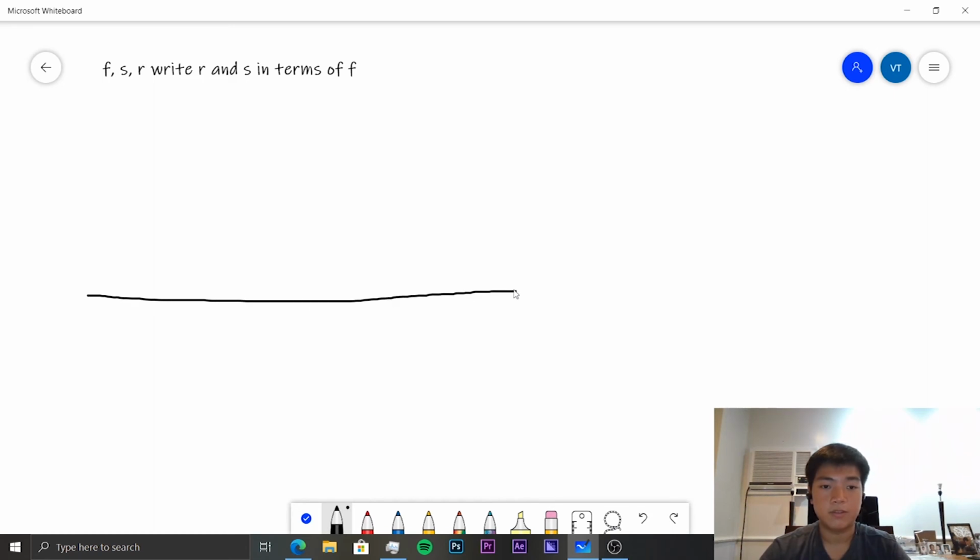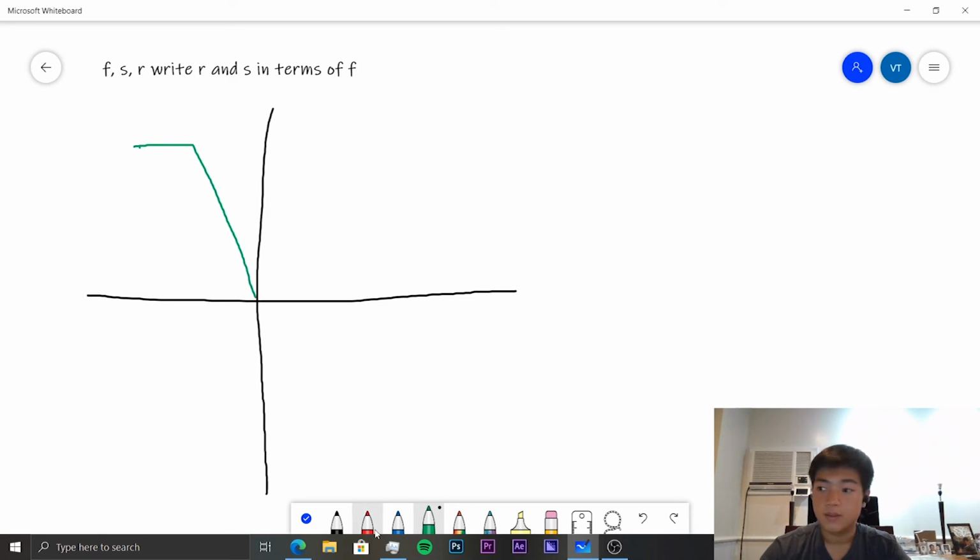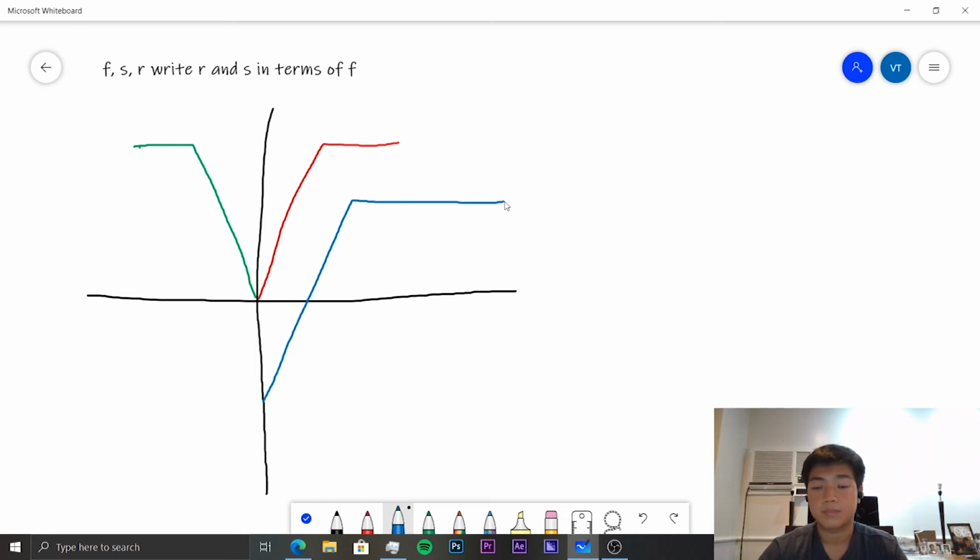Okay, so we have the functions here, and we have r is equal to this, f is equal to that, and s is equal to this. So we have this point over here as, let me label these axes.